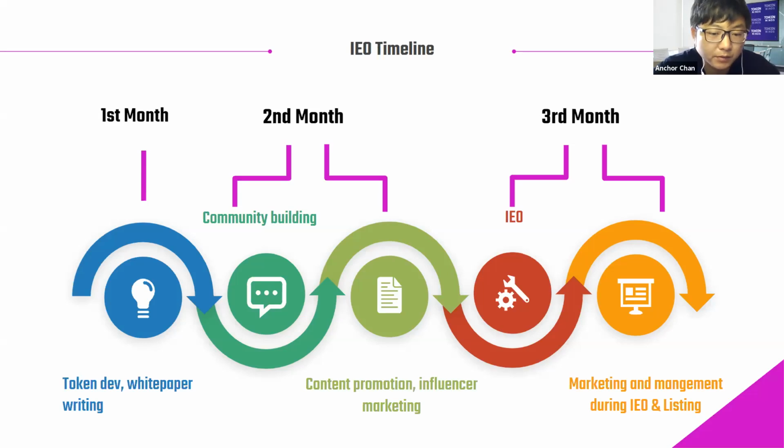So in the first month we need to develop the token and have the white paper written with the tokenomic utility, and also a business deck, which helps to show to investors. And then the second month is for IEO marketing, which includes essential community building, a very basic part of IEO marketing, where potential investors can join and keep in touch with the project team directly.